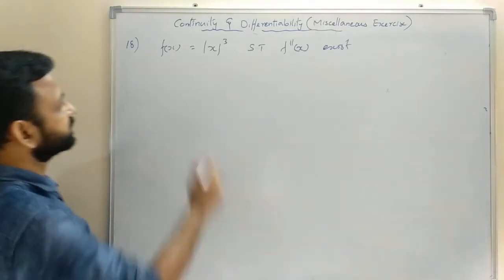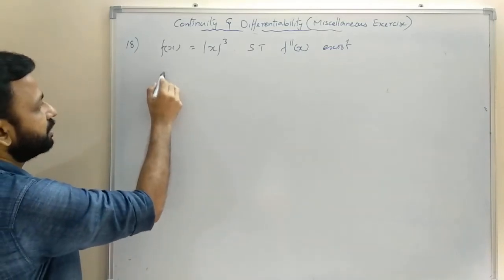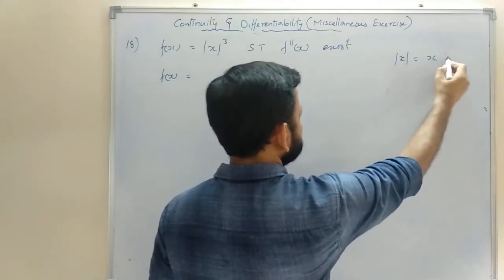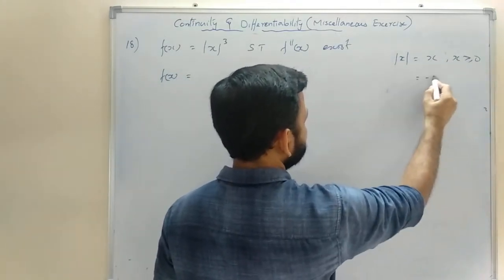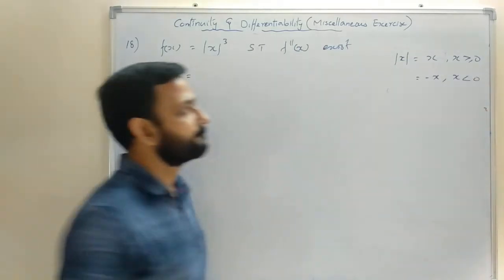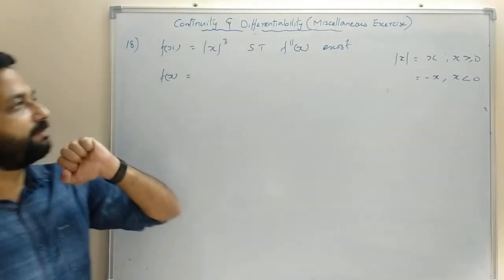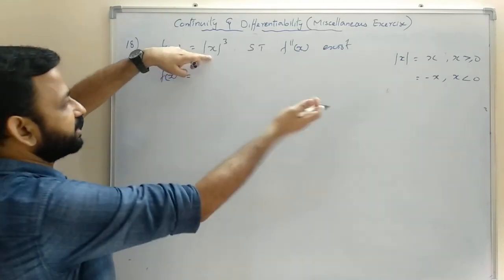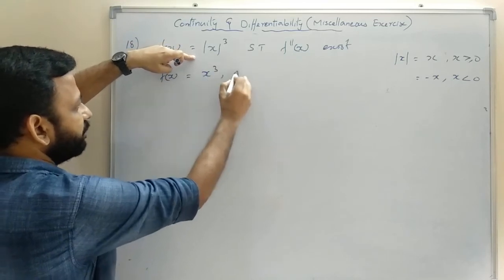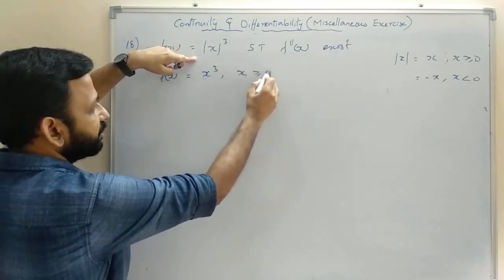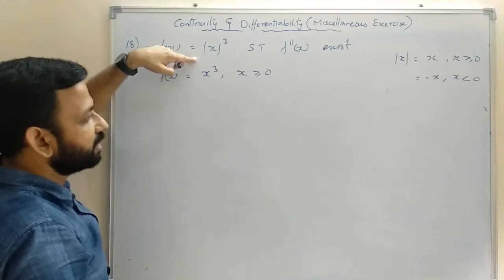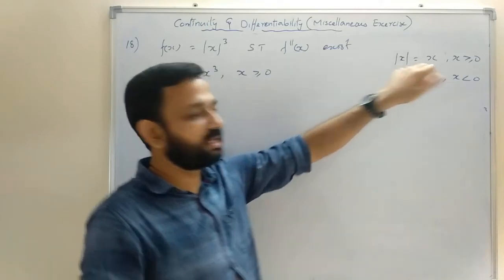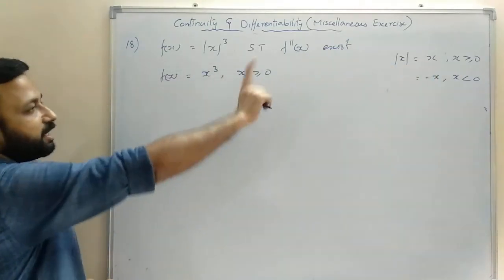Modulus of x is equal to x when x is greater than or equal to 0, and equal to minus x when x is less than 0. So when we replace modulus of x by x, it will be x cube when x is greater than or equal to 0.